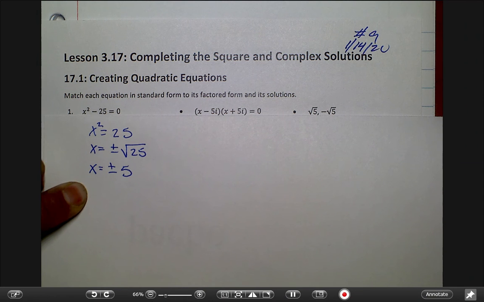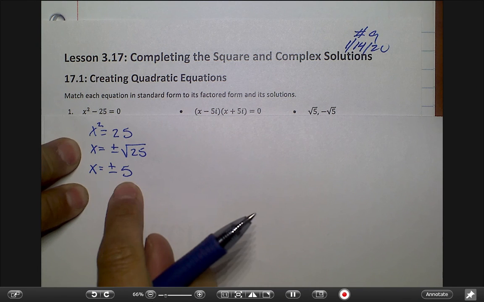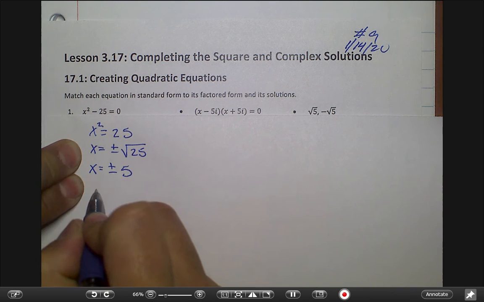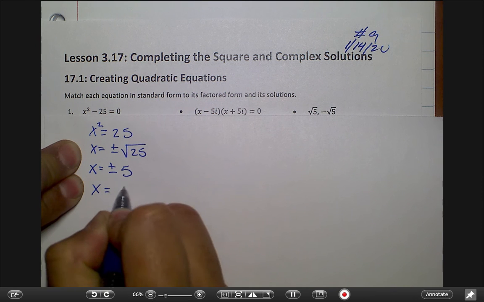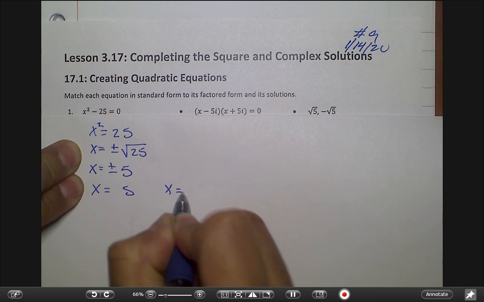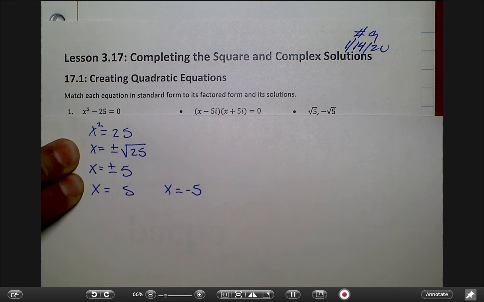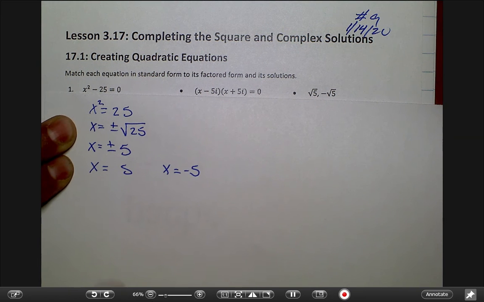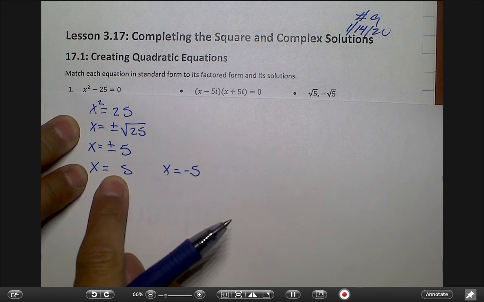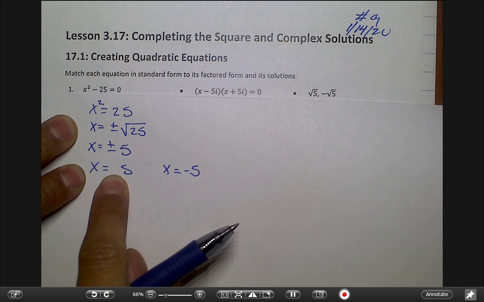So I have 2 answers, x equals 5 and x equals negative 5. Now I'm going to turn these answers into factors. We know that all factors equal 0.